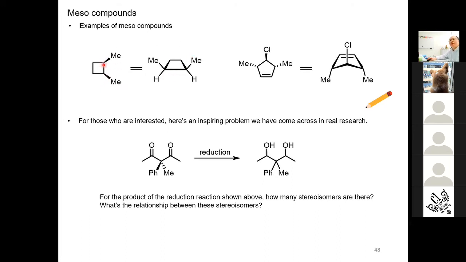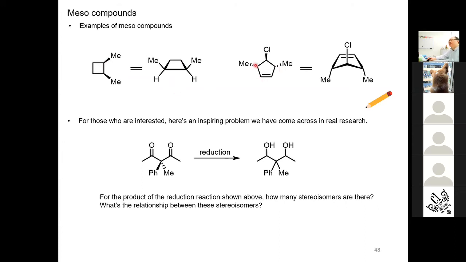It has stereocenters: this carbon has a methyl, and the two alkyl groups are different, and another one is a hydrogen. It has two stereocenters, but it also has an internal plane of symmetry, which is here, as I showed. Then it is meso.